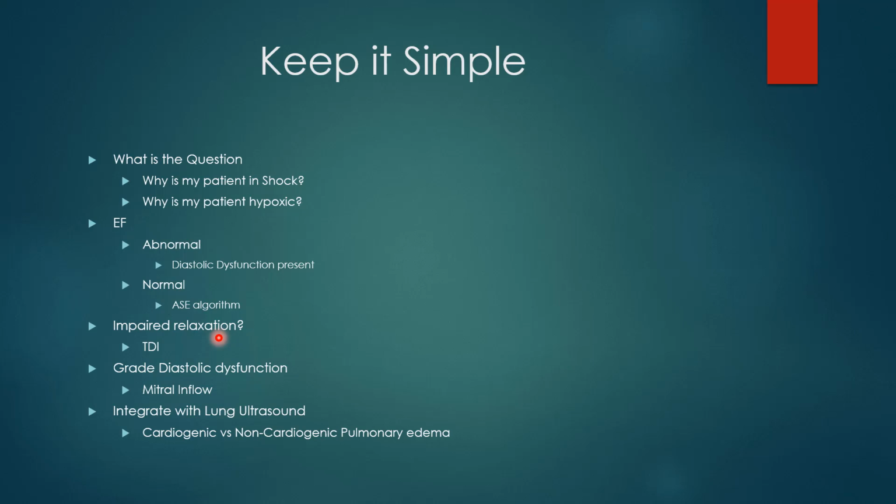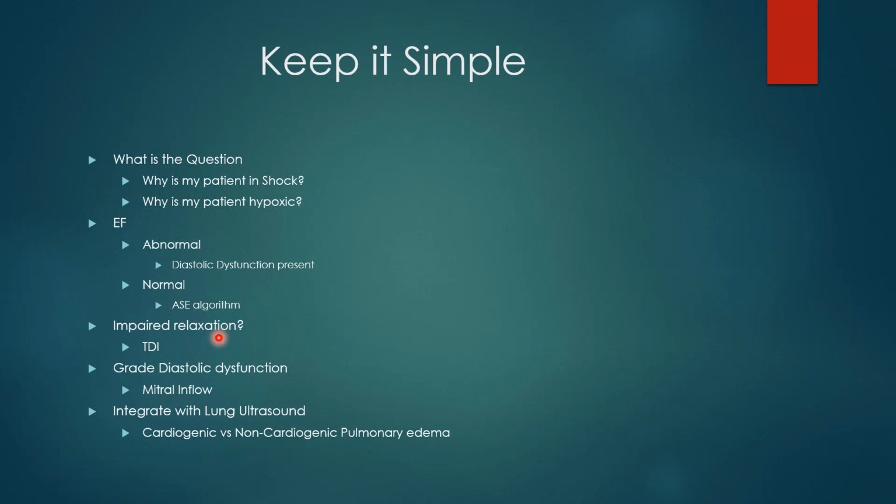If this value is low, the cutoff being 8, if the E prime at the medial mitral annulus is less than 8, you likely have impaired relaxation. So that's already answered your question. And then you're just trying to figure out if someone has high filling pressures or not, which we'll talk about.